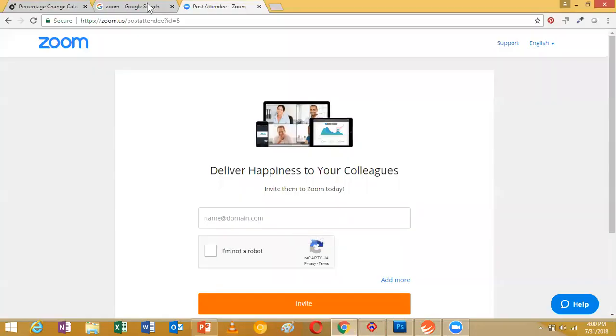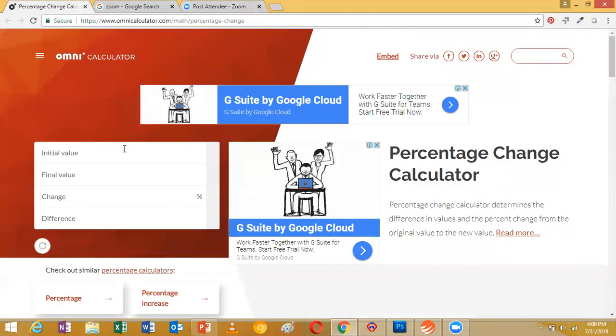I have already opened the percentage change calculator. So initial value was 328.20. I will omit the point values, 328, and the final value is 870. So you can see here we have generated 165% in the intraday trade.